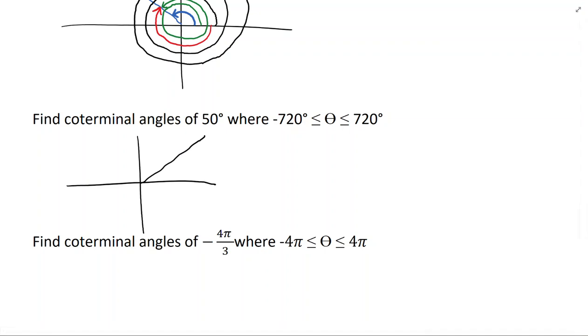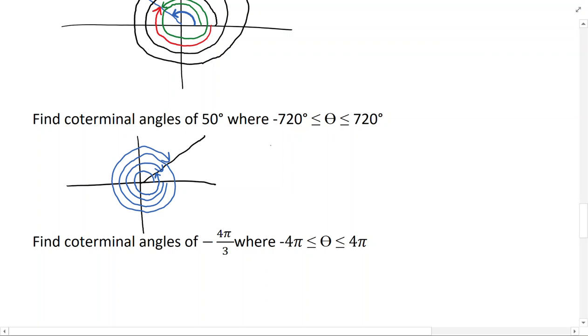I'll draw out some arrows. For coterminals of 50, we can pass 50 and then go a full circle. That is an option. Or we can start from the initial arm and go in the opposite direction, maybe twice, etc.